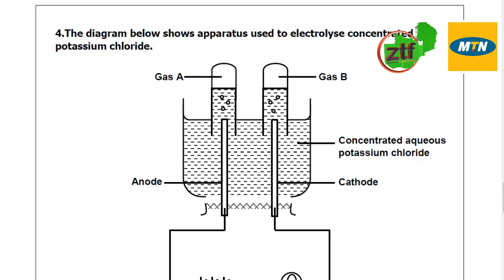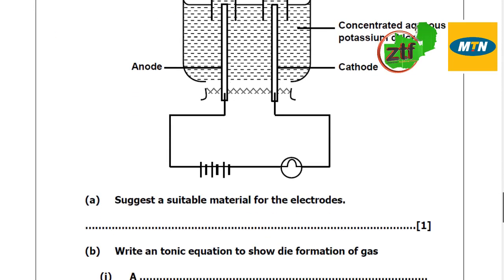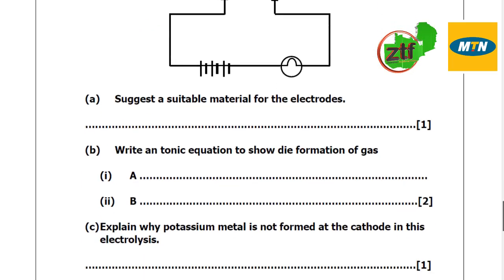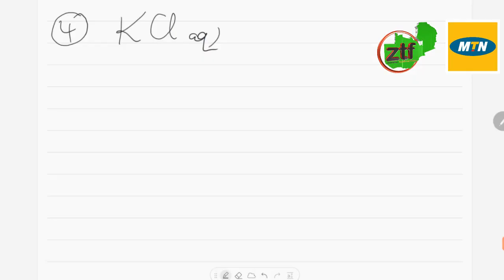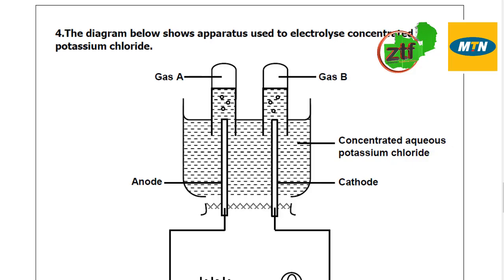So we can see there the electrolyte is concentrated aqueous potassium chloride. So the question is, suggest a suitable material for the electrodes.